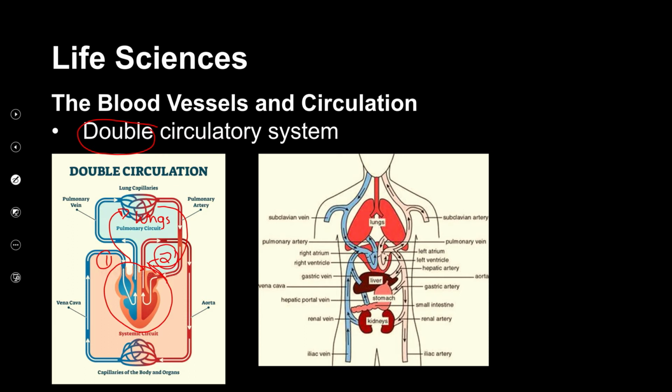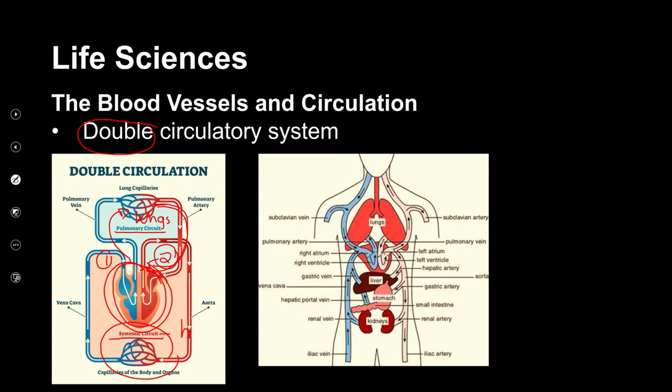So basically, it does a double circuit where the blood comes to the heart twice. Once from the body, then it goes to the lungs, and that is known as the pulmonary circuit. And then this nice, fresh, oxygenated blood goes back to the heart. The heart pumps it, and it takes it to the rest of the body.